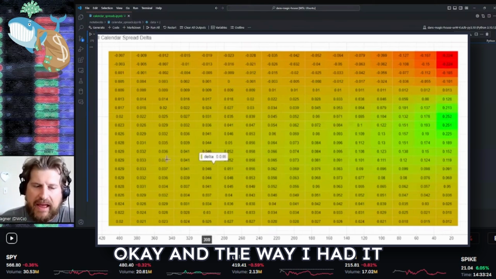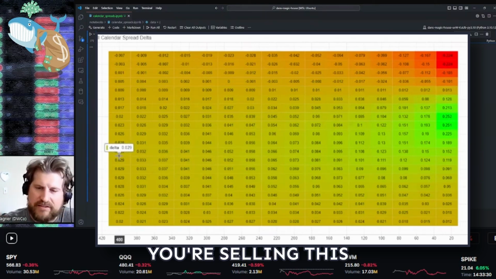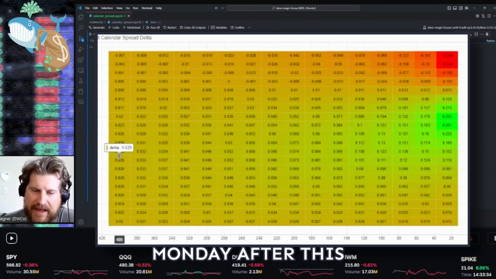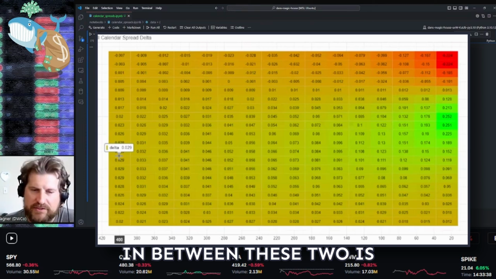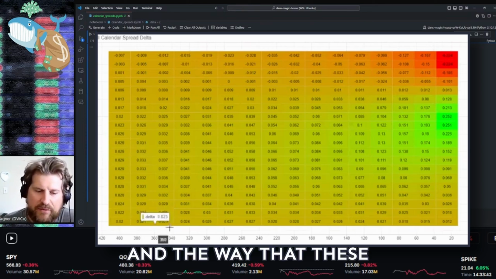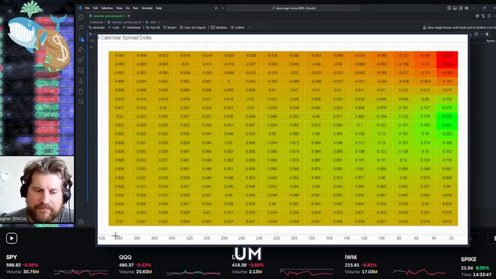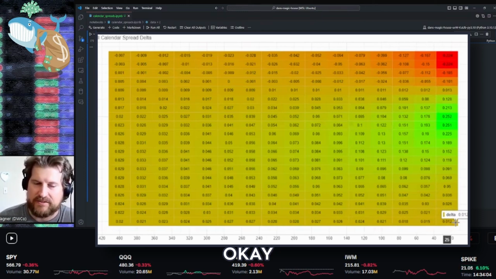And the way I had it set up is you're selling this upcoming Friday and you're buying the Monday after that, so the only thing in between these two is the weekend. And the way these numbers work, from left to right, is the number of days until this front contract expires.